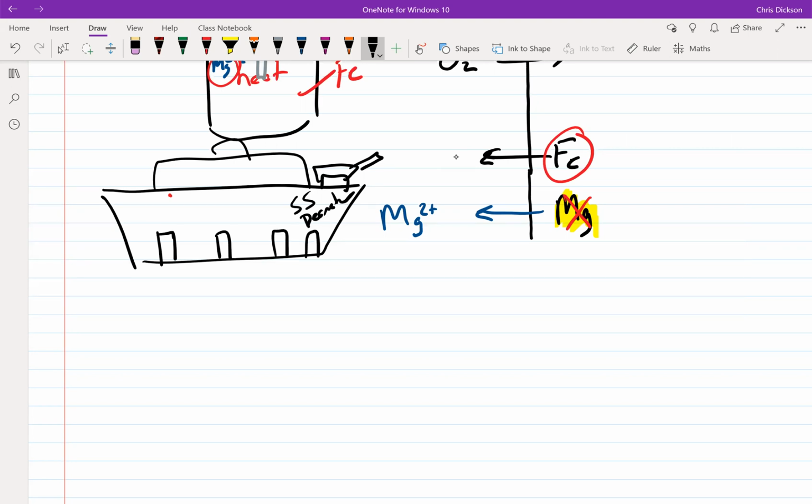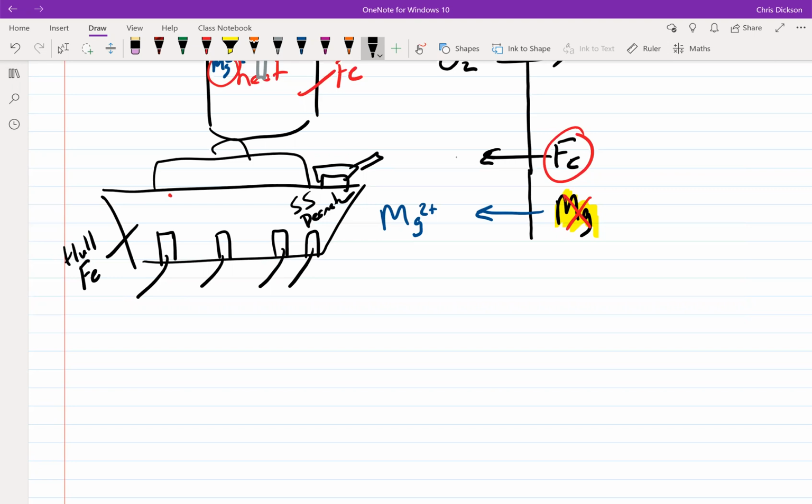And every like 5 or maybe 10 years, these boats go into dry dock, and you'll see the workers taking these strips off and putting new strips on. And these strips are actually made of magnesium or some other metal that can be oxidized. And the whole idea here is you want the hull of the ship, which is mostly made of iron, protected. So these strips actually provide protection for the hull.